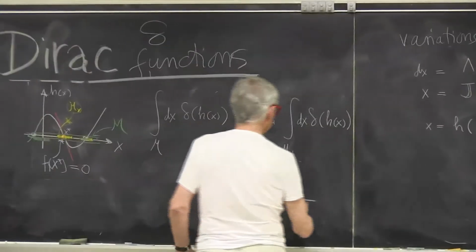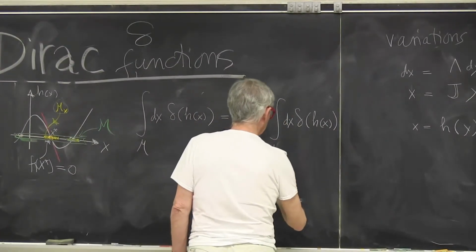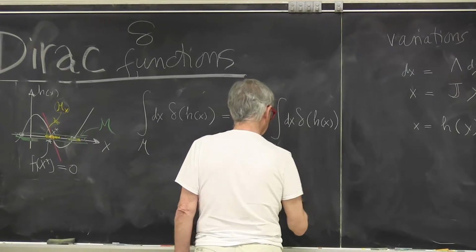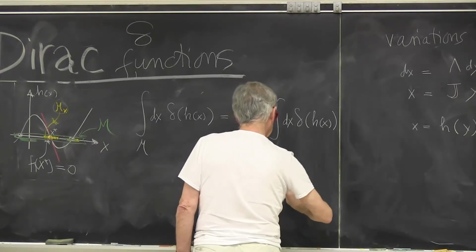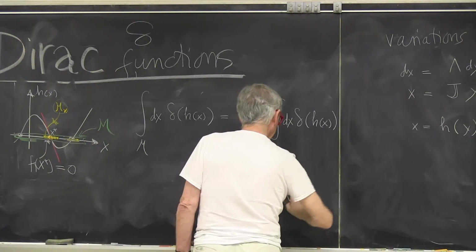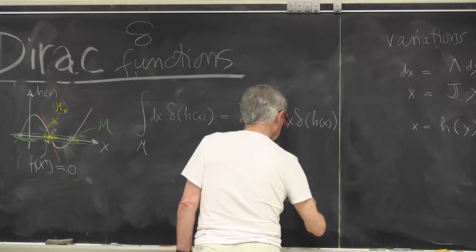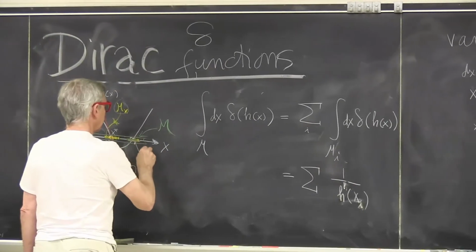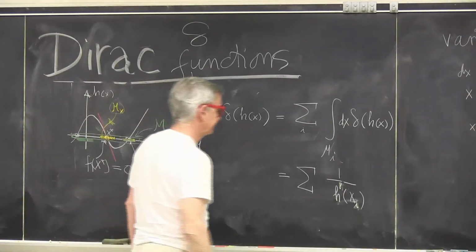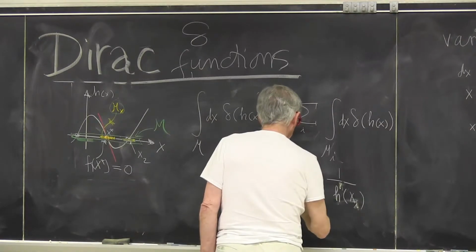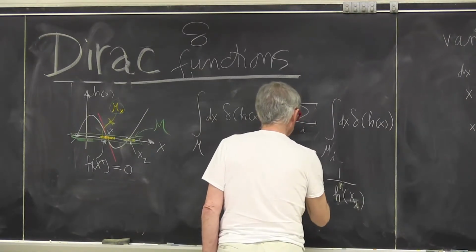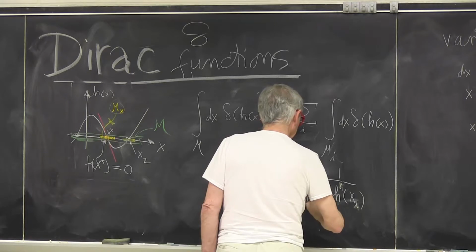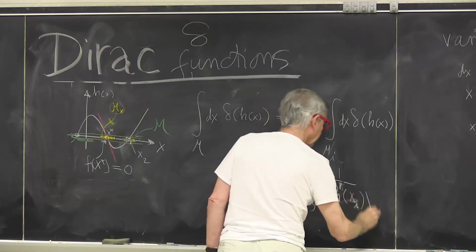And I get that this is now a sum over derivatives, the first derivative evaluated at x_i, where i is the ith zero, over all zeros of my function h of x, and it has to be an absolute value.